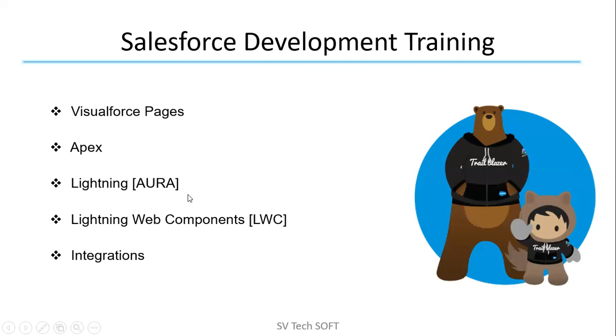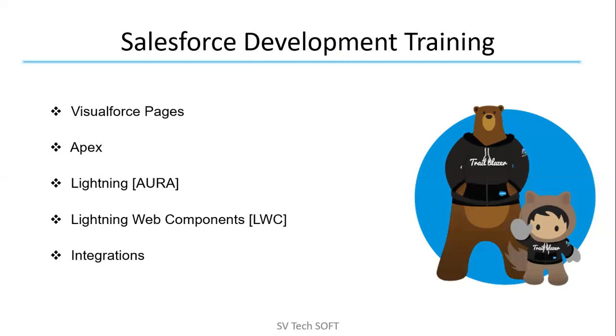Whenever you build any Lightning component, why did Salesforce introduce Lightning? Lightning is the new modern UI built for the user, whereas the earlier classic version is compatible with your desktop. It is not much compatible with mobile devices. You have to write different code for each device.